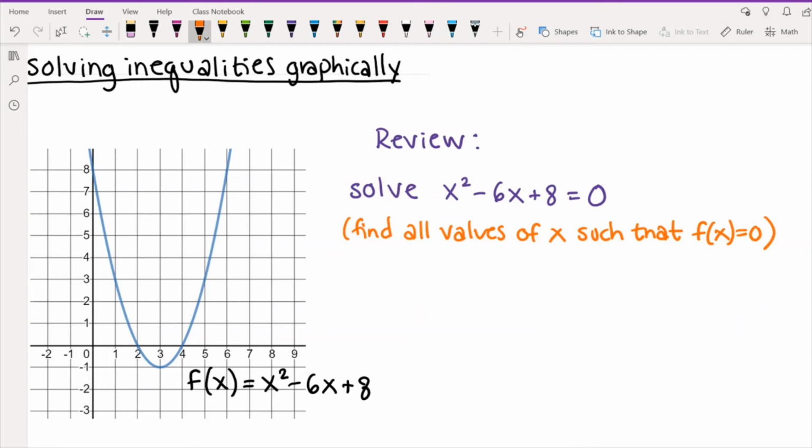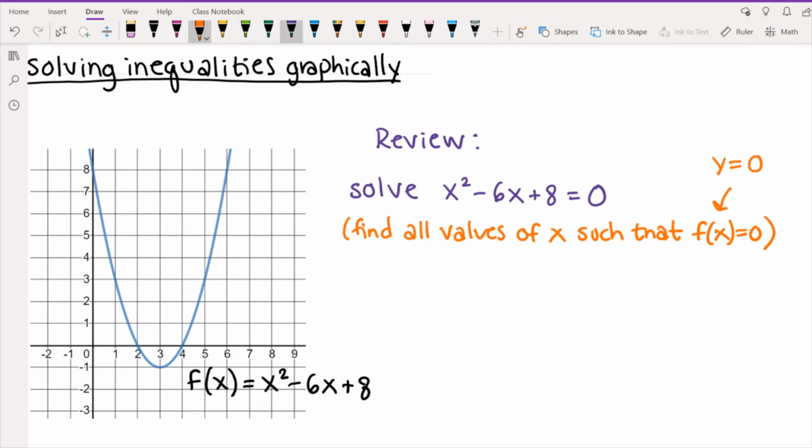Solving x squared minus 6x plus 8 equals 0 is the same thing as finding all values of x such that f of x is equal to 0. So how do you do that graphically? Well, you go and look at the graph and see what are the x values that give you a y value of 0, right? Because when we talk about f of x equaling 0, that means that the y coordinate should be 0.